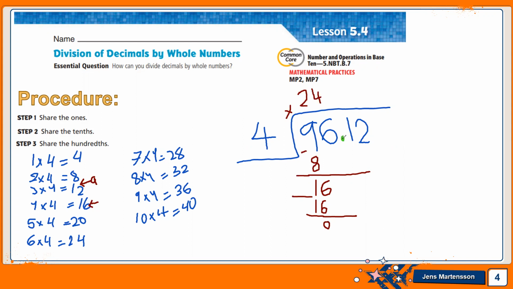Then after 6, what do we have here? Decimal point. Now I will put it up. Then what do you have to do here? 1. Now let's divide number 1. 1 divided by 4. Nothing, 0. So what do I have to add? 0, because 0 times 4 is 0, and 1 is between them.